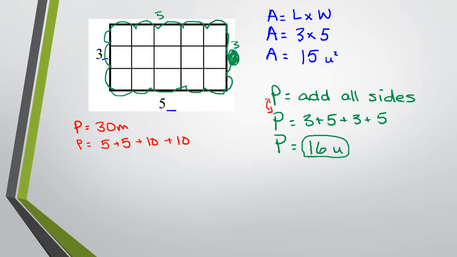Yes. And so you could make a 5 by 10, say maybe a dog kennel or something. That's one way to get a perimeter of 30. And the area of that shape would be 5 times 10, which would be 50.